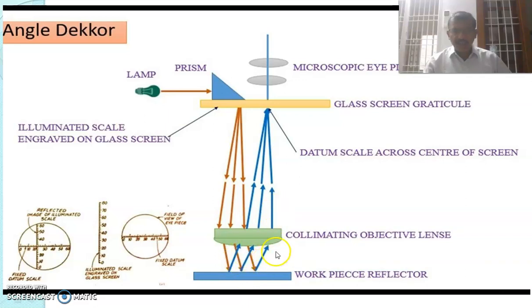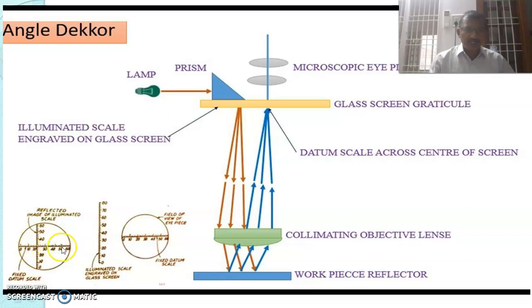Due to this arrangement, the horizontal scale image is rotated by 90 degrees, and the readings are seen in the eyepiece.